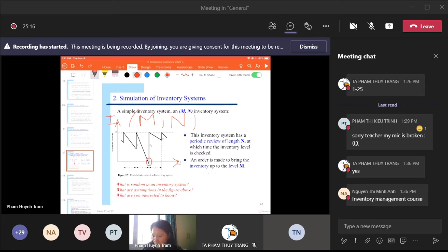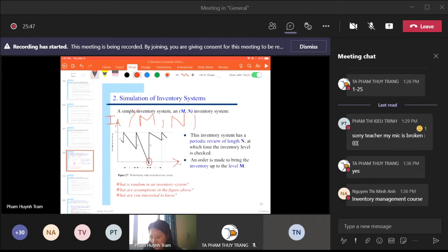Level. Let's say we start with our inventory somewhere here, and then it reduces with time. Why is it reducing here? Because we are selling. Let's say there are some customer orders, so we sell, and so our inventory level drops.